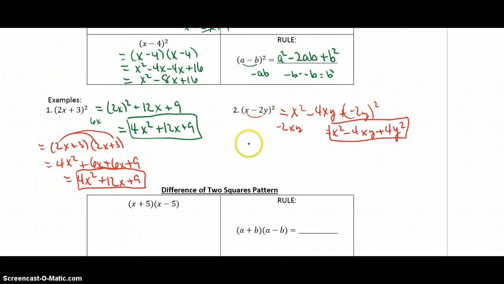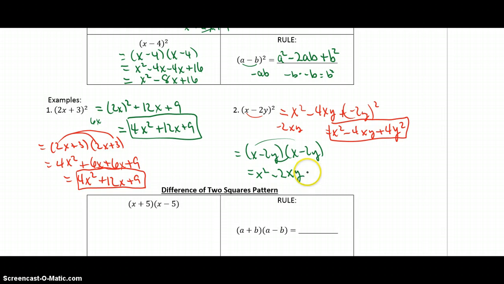And I'll do it the other way. x minus 2y, x minus 2y. x times x is x squared, x times negative 2y is negative 2xy. When you have two variables, people usually write them alphabetically, so x goes first and then y.